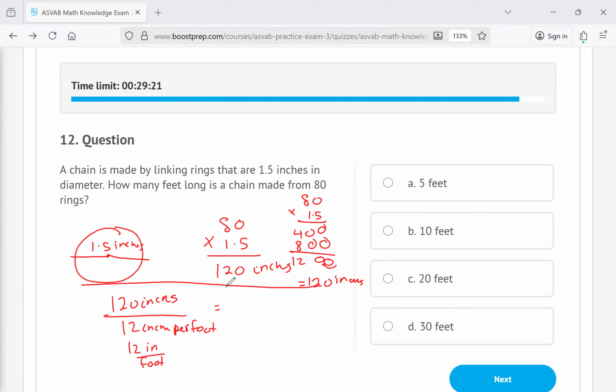Here, I'll show you. So it's like a complex fraction. This is your numerator, and then 12 inches over foot is your denominator. So it's like saying 120 over 1 divided by 12 inches over foot. Then you just cross multiply.